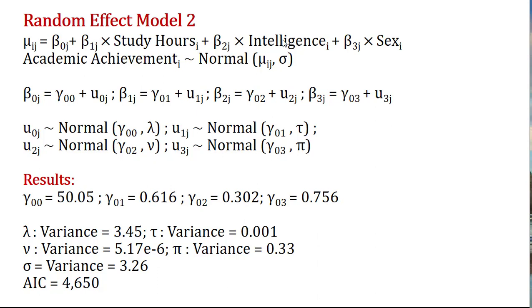Try simpler models than this one: a model in which you add just the fixed effect of intelligence, then a model which you add the fixed effect of intelligence plus the random component for intelligence, and then the fixed effect of sex only, and then the fixed effect plus the random effect of sex.